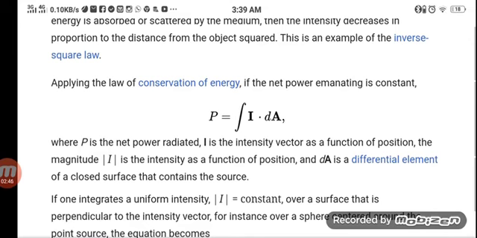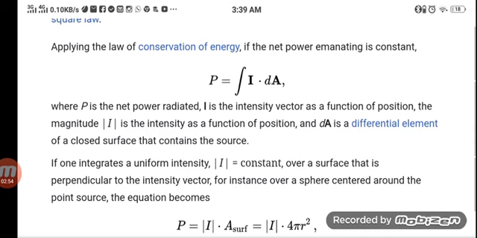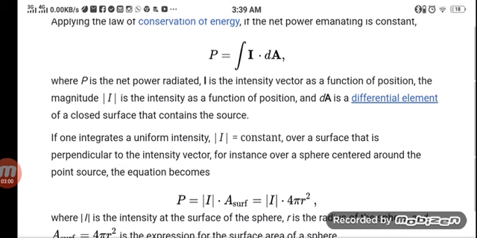If one integrates a uniform intensity constant over a surface that is perpendicular to the intensity vector, for instance over a sphere centered around the point source, the equation becomes P is equal to I times A, which is equal to I times 4 pi r squared.